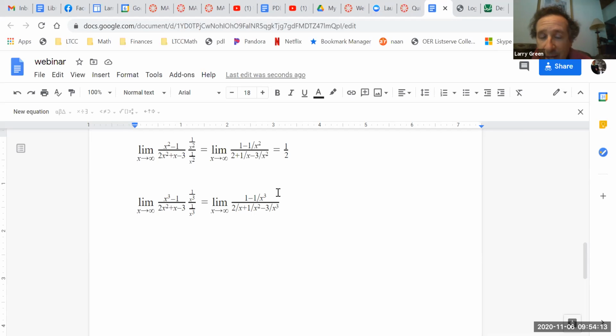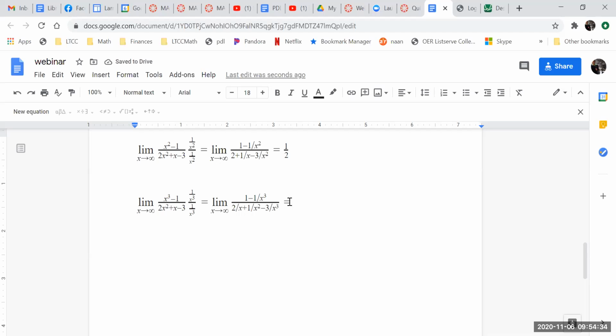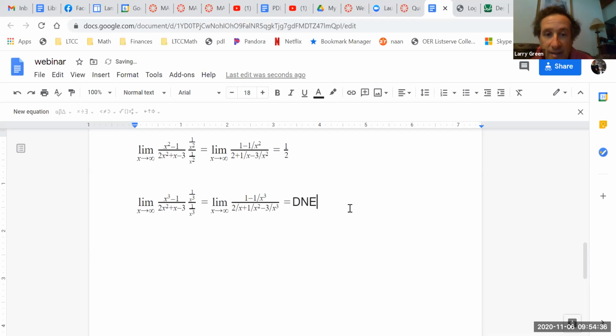What does the numerator become? One. What does the denominator become? 0. What's 1 divided by 0? Undefined. Yeah, so the limit does not exist. That changed everything. All I did is made that square a cube.